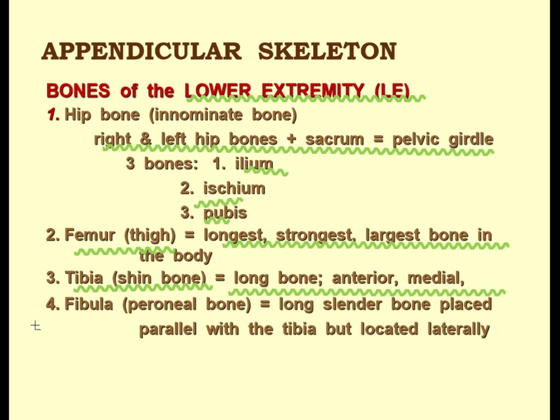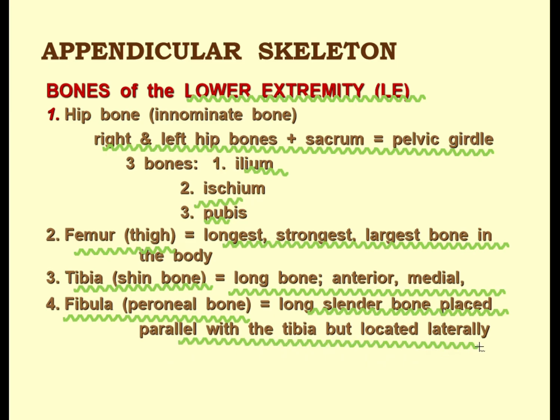Then the fibula, the peroneal bone. It is a long slender bone placed parallel with the tibia, but located laterally.